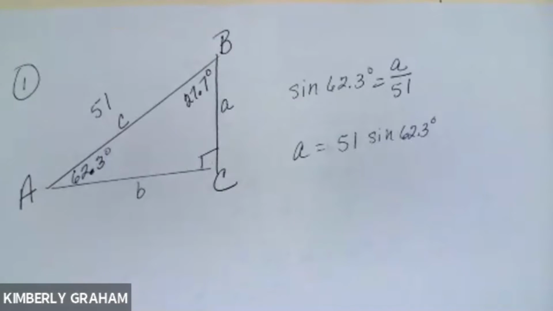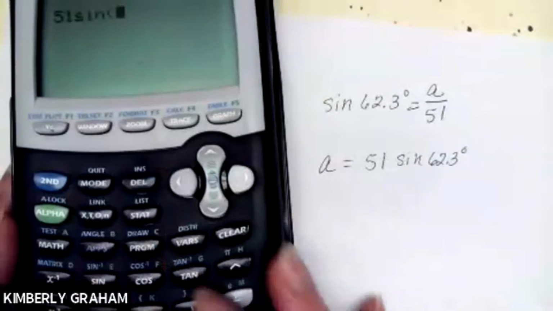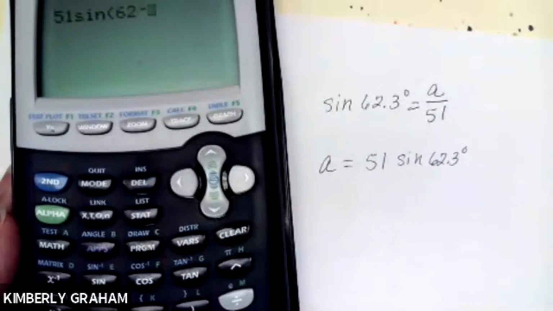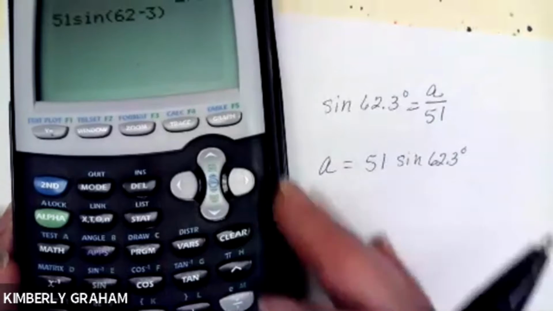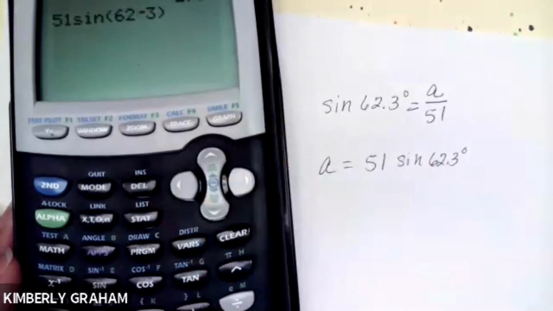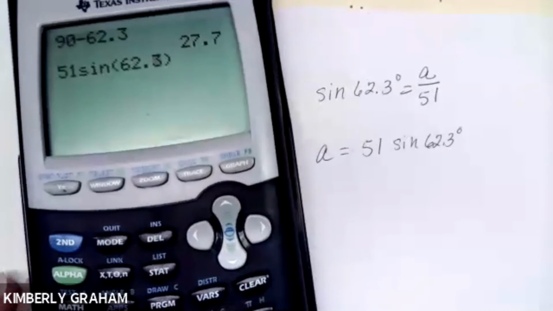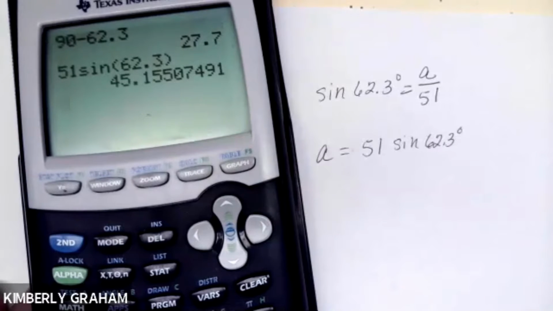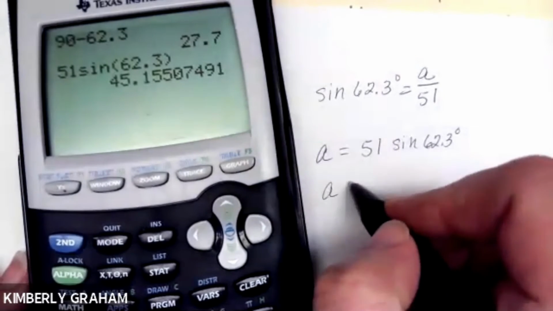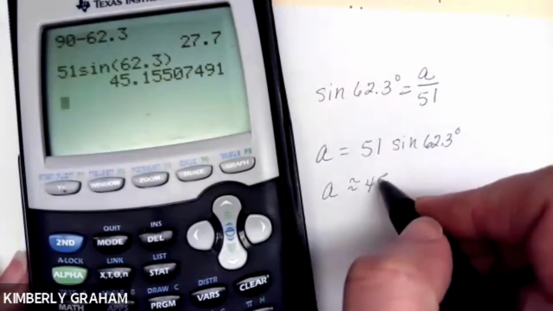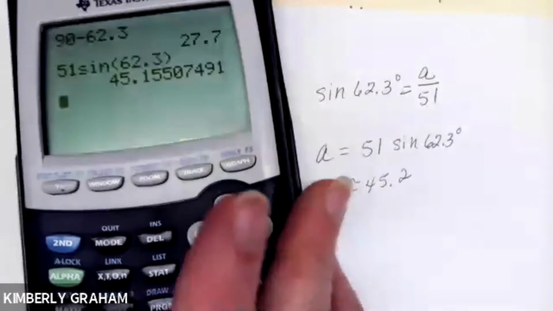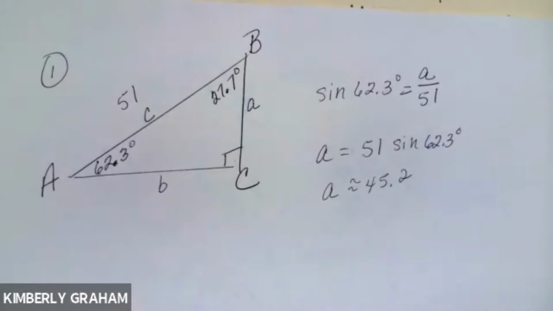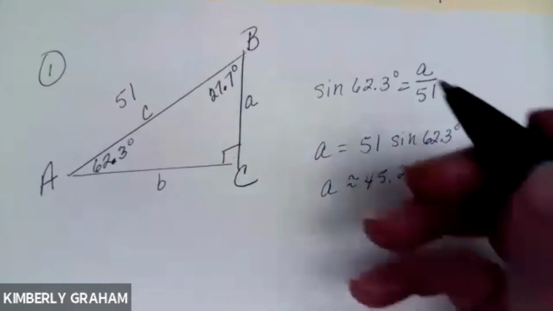So you just stick that into the calculator. 51 sine 62.3. And you should get approximately 45.2. Y'all with me so far? Okay. So now I know this side.